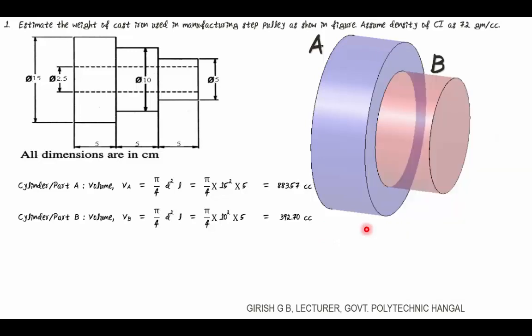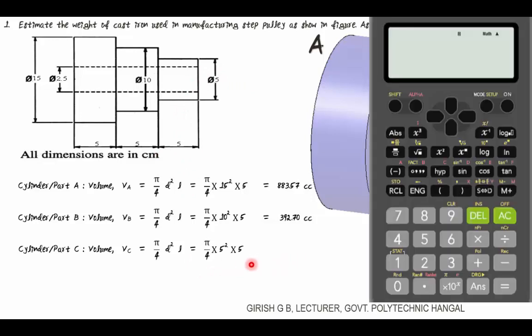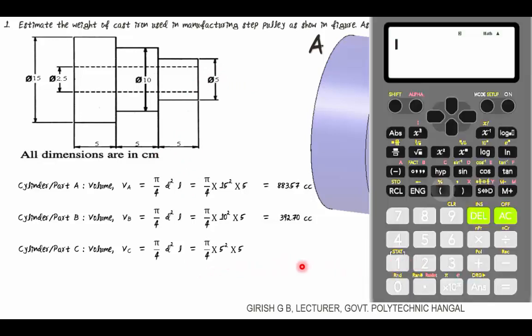The next step is to calculate the volume of part C. Volume of part C, which is a cylinder, is pi by 4 d square into L. Substituting the values for part C, that is 5 centimeter diameter and length as 5 centimeter. Let's calculate it. Pi by 4 into 5 square into 5.